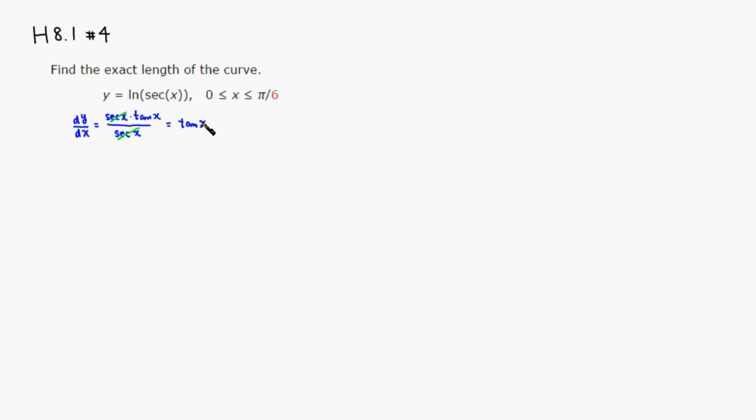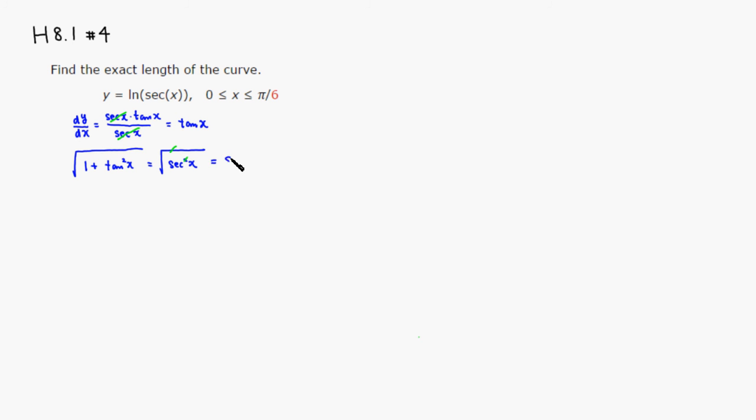Right? So the integrand is going to be the square root of 1 plus dy over dx squared, which is tangent squared of x, and which is the square root of secant squared of x, using the trig identity.